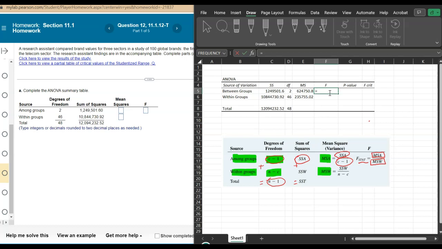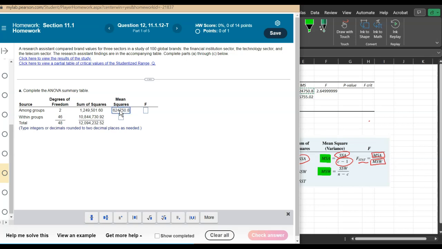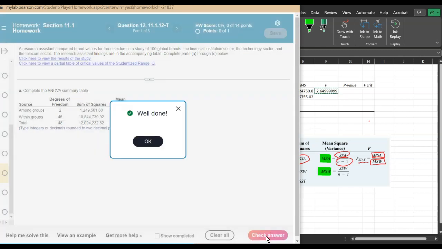Equal sign, select the mean square among groups, which is the top one, divide by the mean square within groups, which is the bottom one, and enter. Okay, all set. Now it's time to copy and paste the data and round to 2 decimal places. Okay, let's check it. Great.